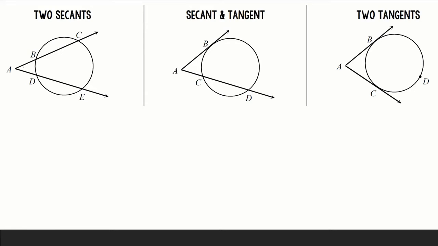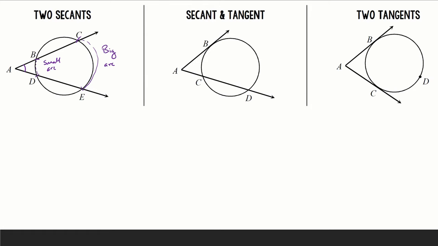So here, the first one, if I'm looking at that outside angle, which we'll call angle A, it's going to create two arcs. This arc out here, which we will call the big arc, and this inside smaller arc, which we will call our small arc.